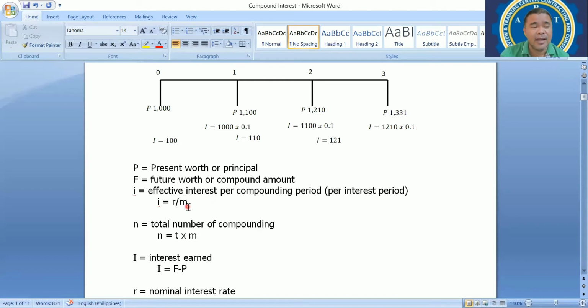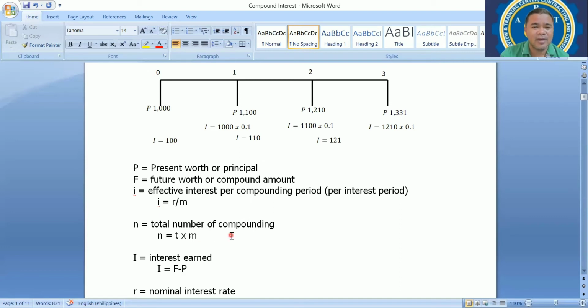Unlike in simple interest, where the I is not divided. There's no compounding period M to be divided for the effective interest.